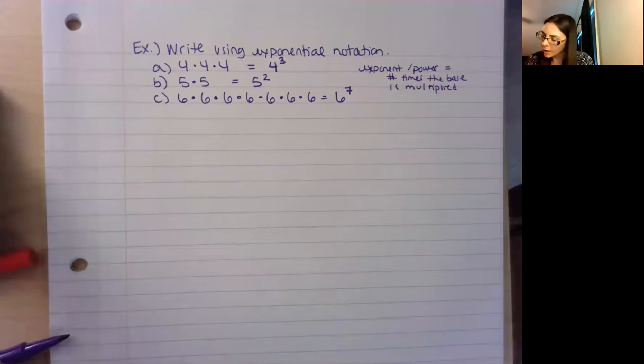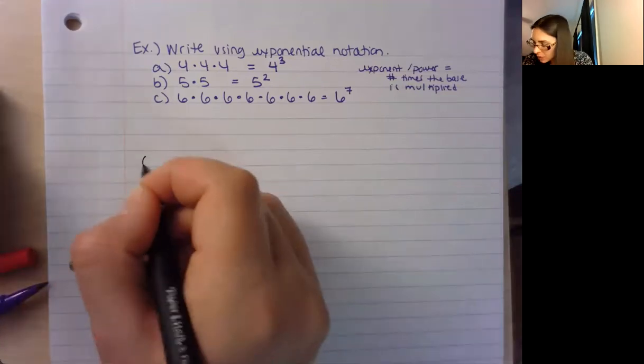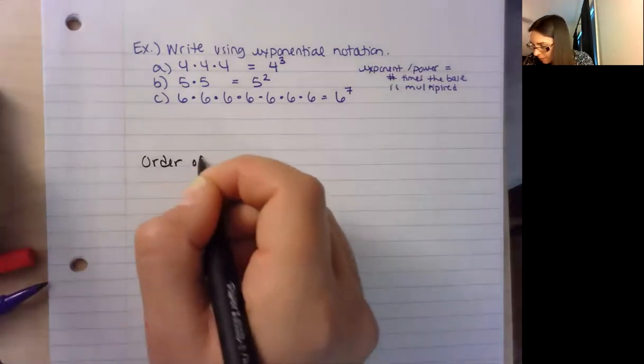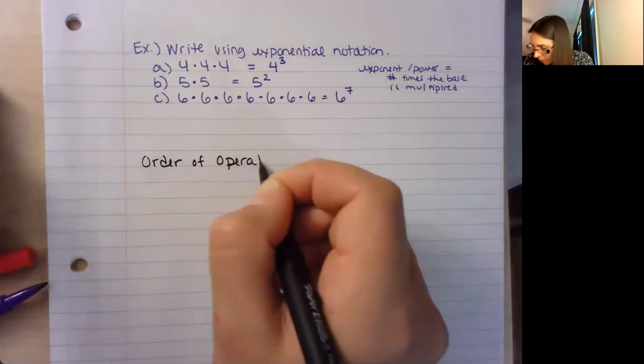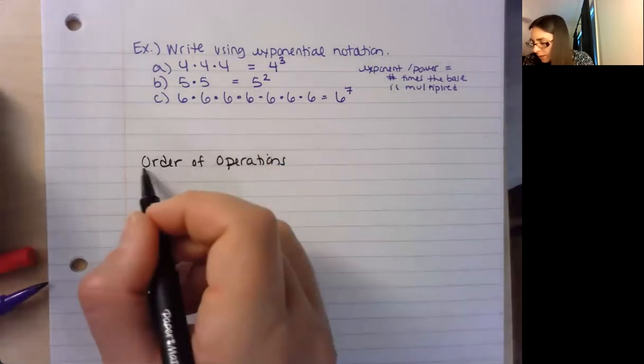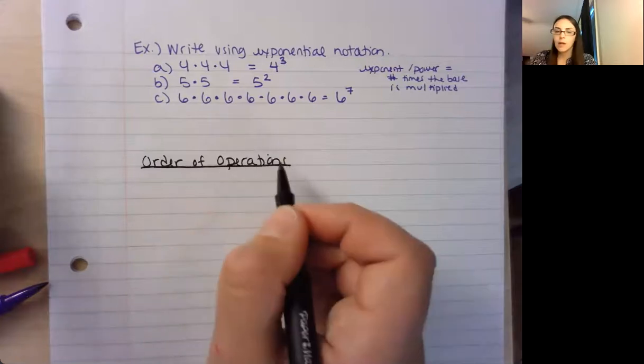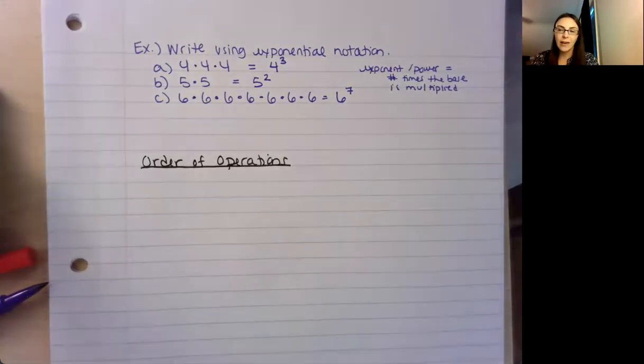Now, the next thing we're going to talk about is the order of operations. And we've actually been doing this already a little bit. That's something that I think everybody knows, but we're going to review it here as well. It's very helpful to review, particularly for more complicated problems.